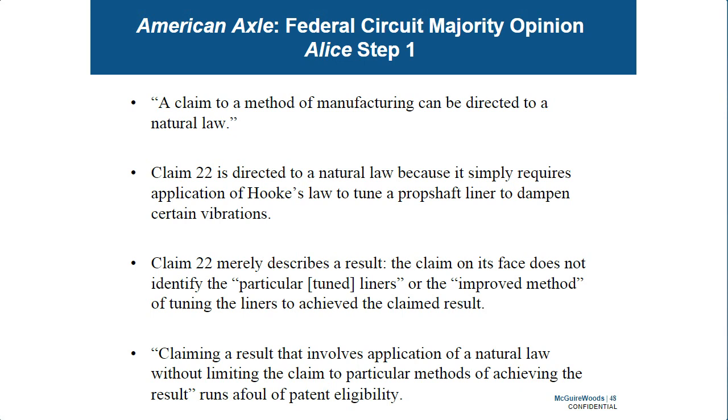The claim merely describes a result. It doesn't tell you how to achieve this desirable result. Okay, and in claiming a result that involves application of a natural law without limiting the claim to a particular method of achieving the result runs afoul of patent eligibility. And that was the majority opinion in this decision.